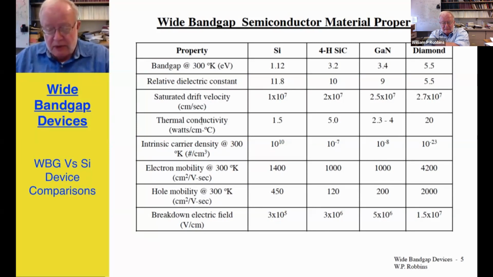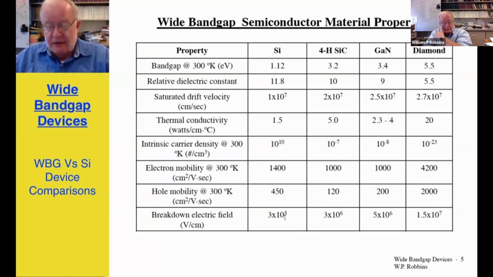And this higher thermal conductivity means it's easier to get heat that is dissipated in these devices to the outside surface of the device. The intrinsic carrier densities of the wide bandgap materials are significantly smaller than those of silicon, and this implies higher operating temperature capabilities. Mobilities of all these materials, particularly for electrons, are quite similar. Hole mobilities are also similar.